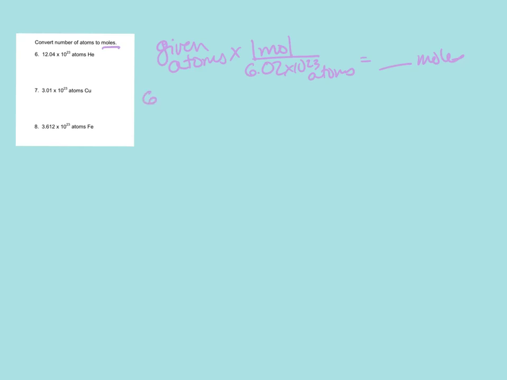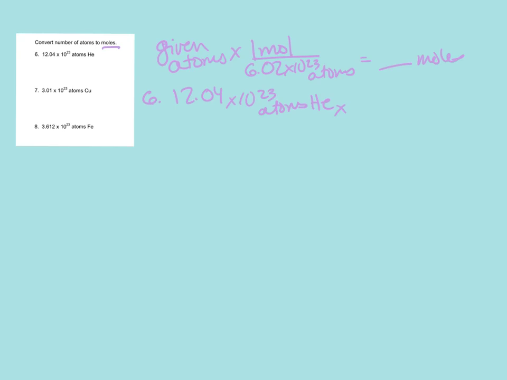Okay, so I'm going to do number 6. So we have 12.04 times 10 to the 23rd atoms of helium. It doesn't matter what type of atoms they are for the math, because 1 mole of anything is always 6.02 times 10 to the 23rd.